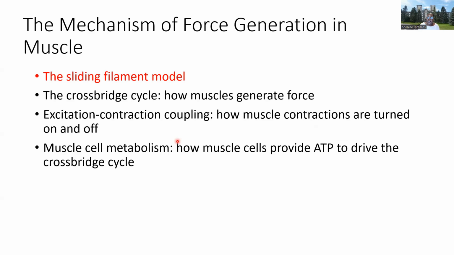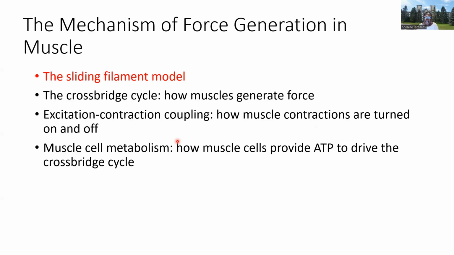And the reason that we call this a sliding filament model is because no one has ever seen this happen. Really interesting. The early physiologists and early anatomists and histologists that were studying muscle, no one has ever actually seen muscle contract under the microscope because that is just not feasibly possible. In today's world of more advanced technology and more advanced visualizing techniques, and histological methods, we can probably better visualize muscle contracting.